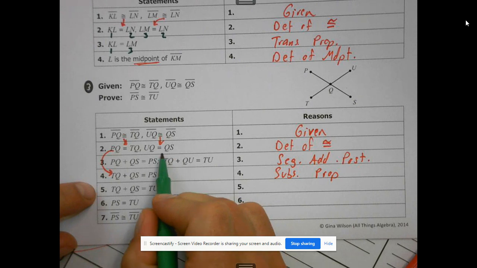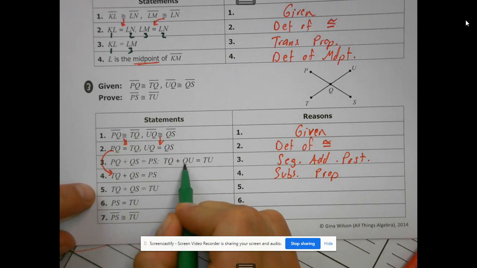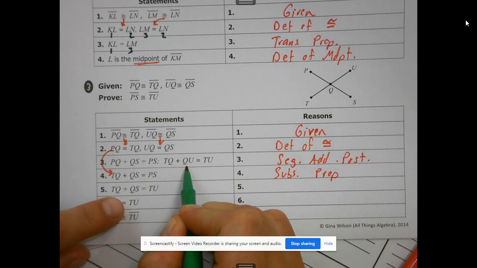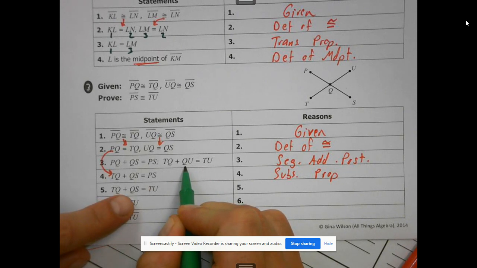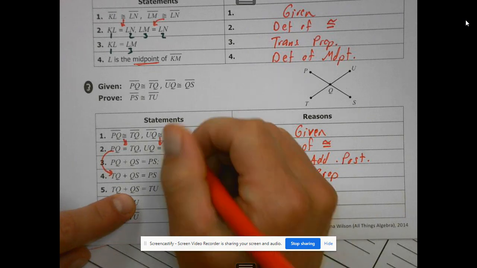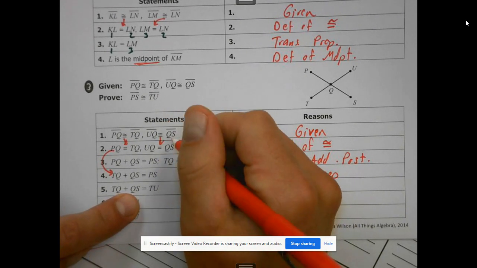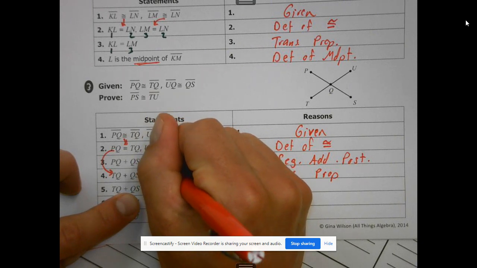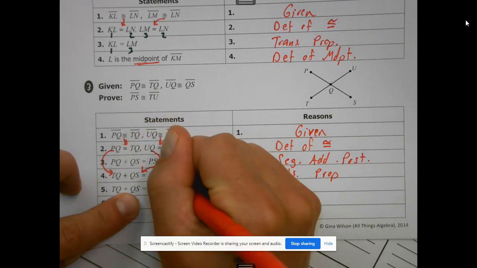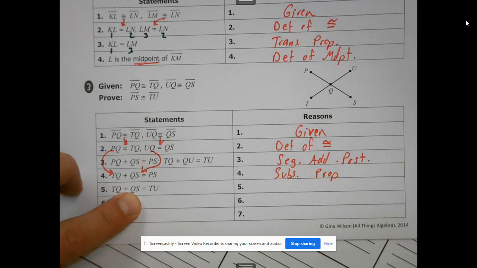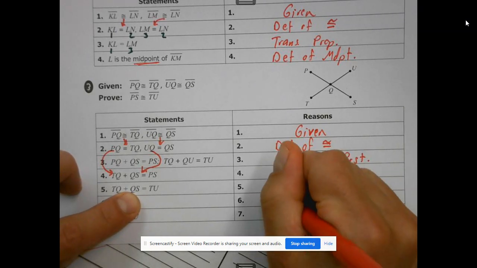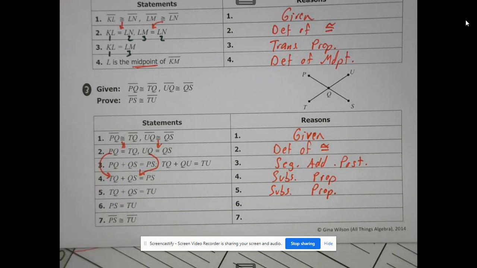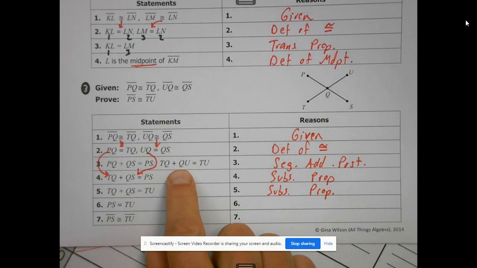In this equation right here, I'm replacing QU with QS. I kind of sneak it in here. I just replaced. So once again, substitution property. That's all we did.